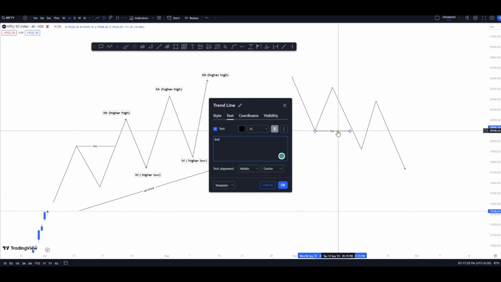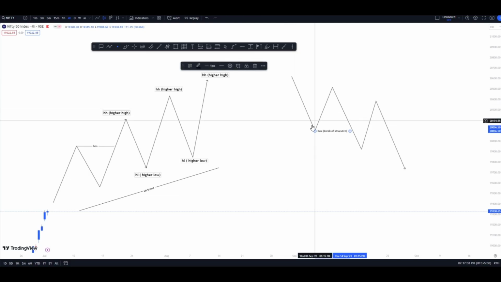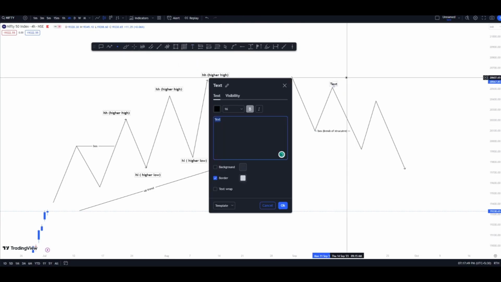This is my BOS, the short form of break of structure. What will I name this high as?